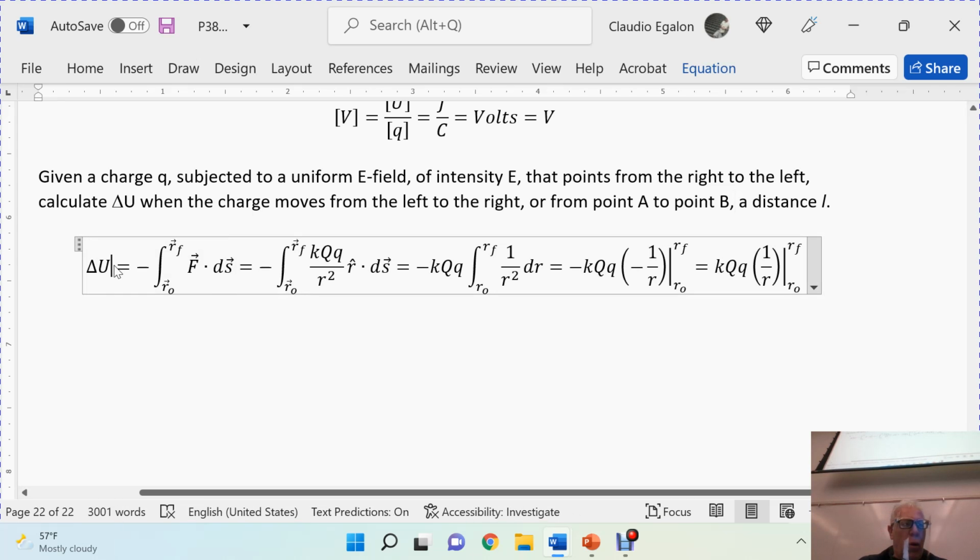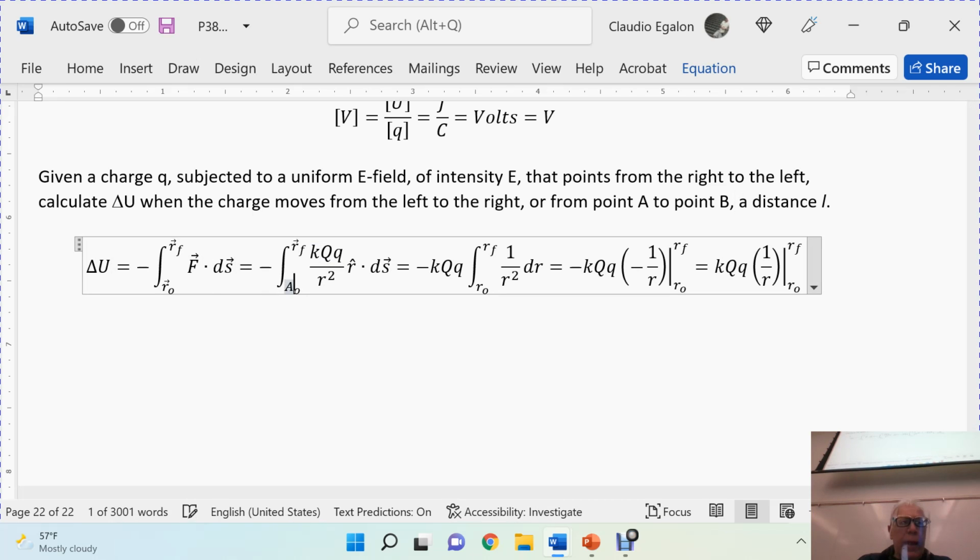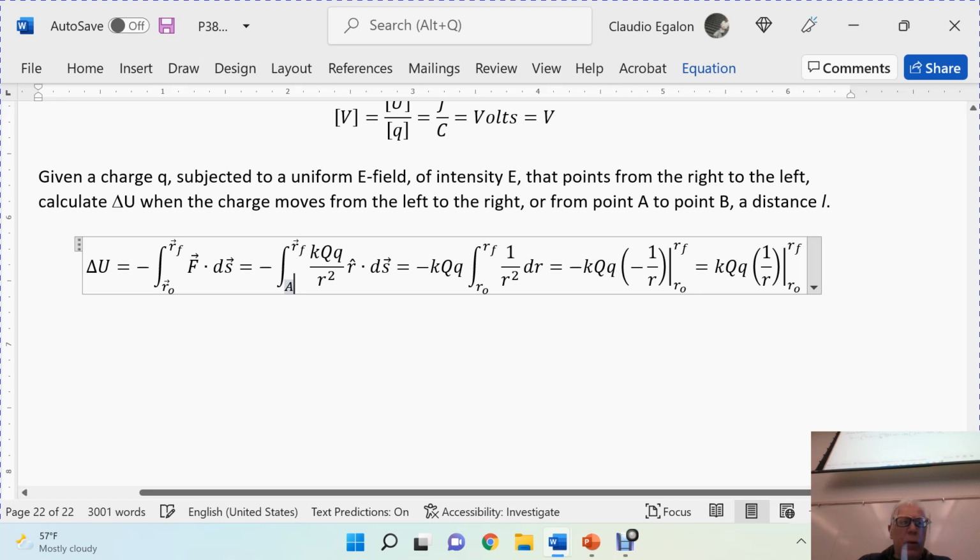It's no longer a point charge. We did it for a point charge. Instead of calling R0 and RF, now I'm going to call it point A to point B. Yeah, let's put R sub A and R sub B here.